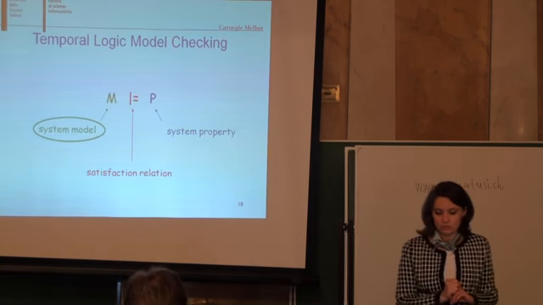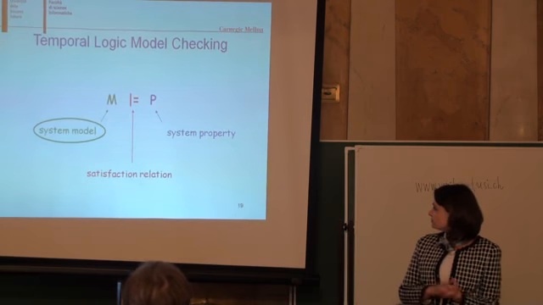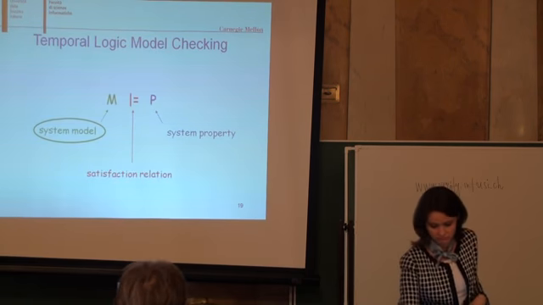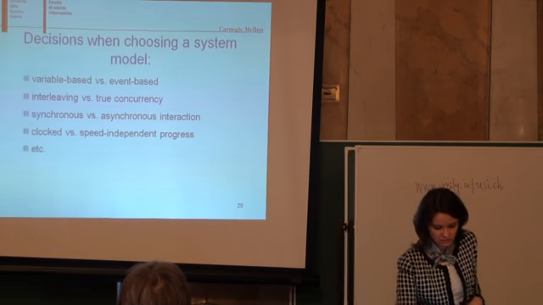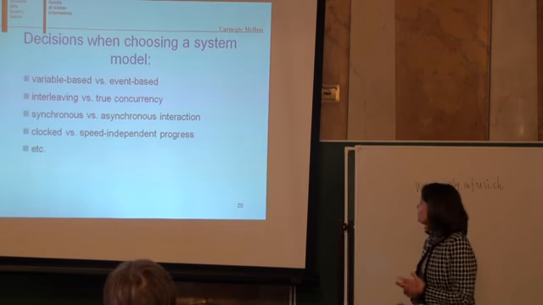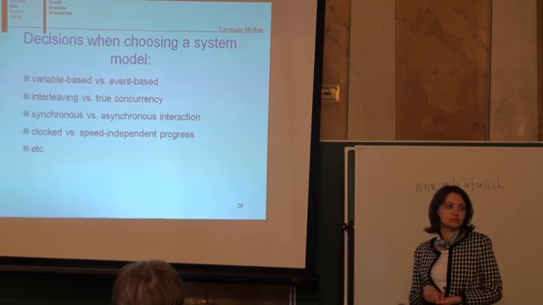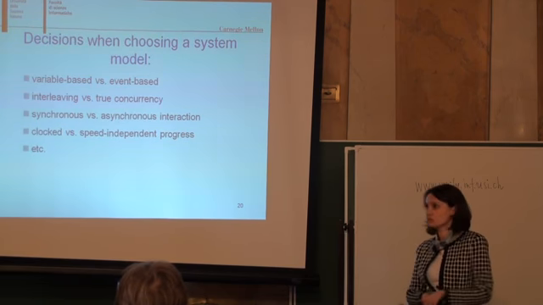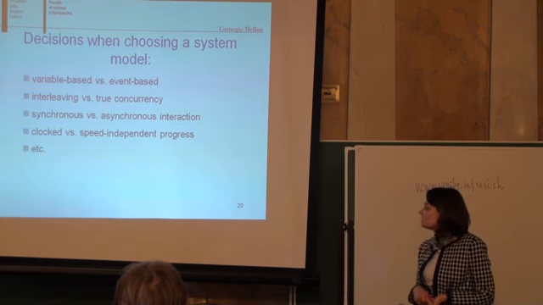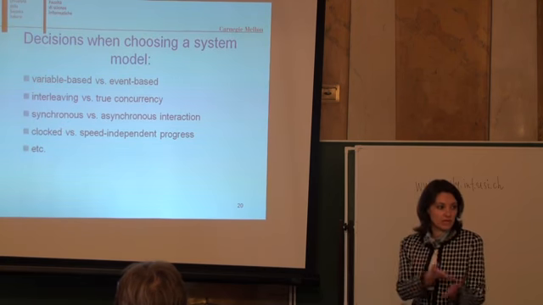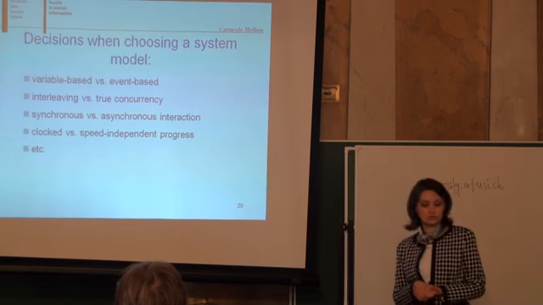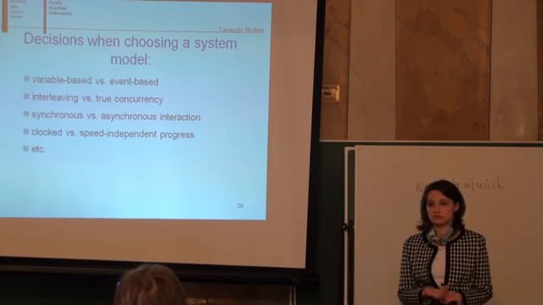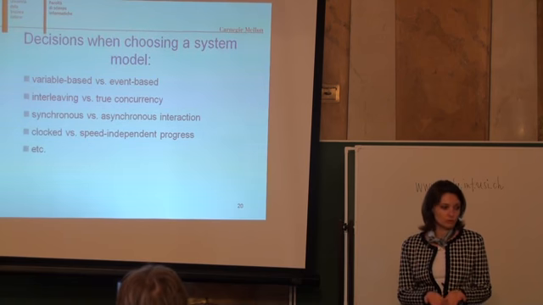So let's start with the model. What do we have to know in order to create a model of the system? We need to think about our system, what it is exactly. Is it a communication protocol, or a program which manipulates data? Is it focusing on the communication structure of the execution, or is it really data manipulation? Then is it a sequential program or a concurrent program?